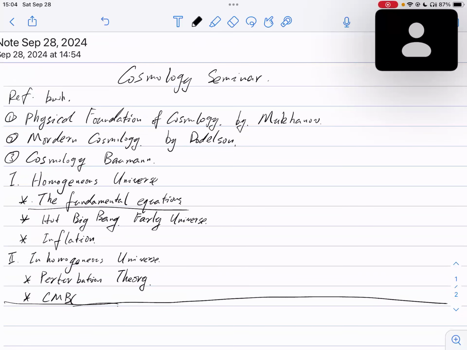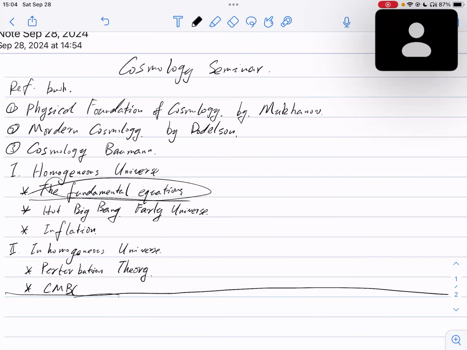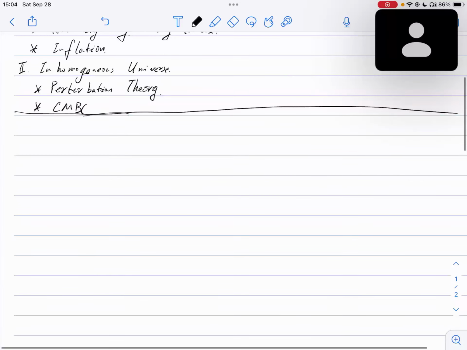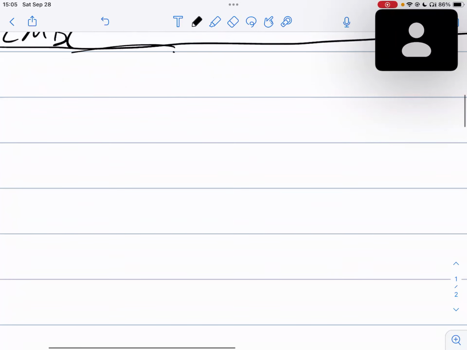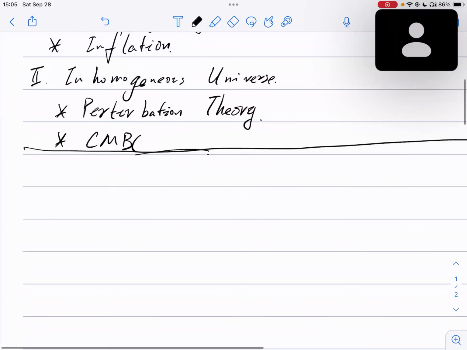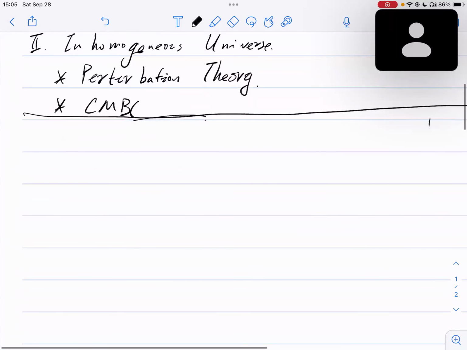Okay, today we will only talk about the fundamental equations. We'll derive the Friedmann equations and Boltzmann equations. So let's begin. Fundamental equations.